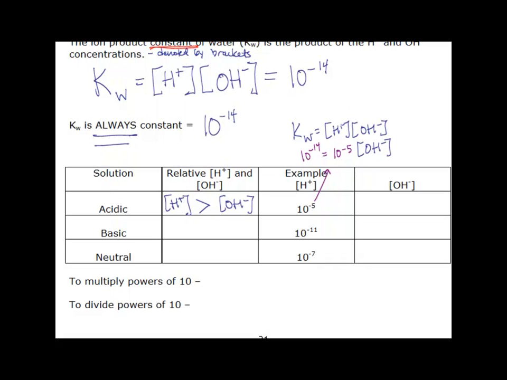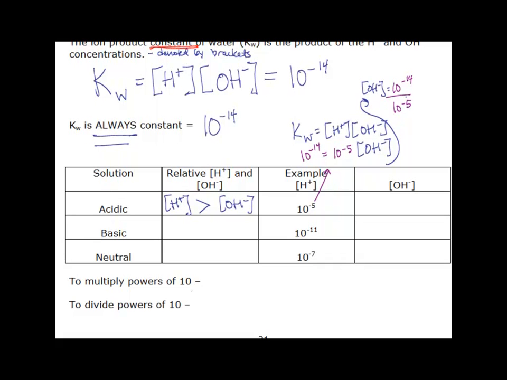So, I'm going to write this up here, hydroxide ion concentration will be 10 to the negative 14th divided by 10 to the negative fifth. So we're dividing powers of 10.